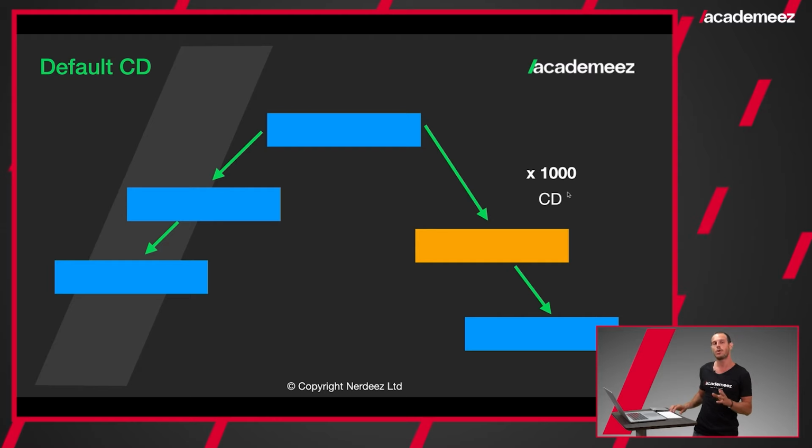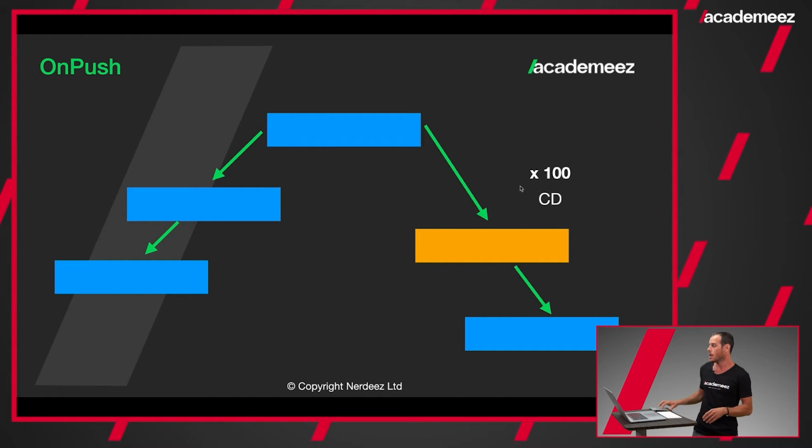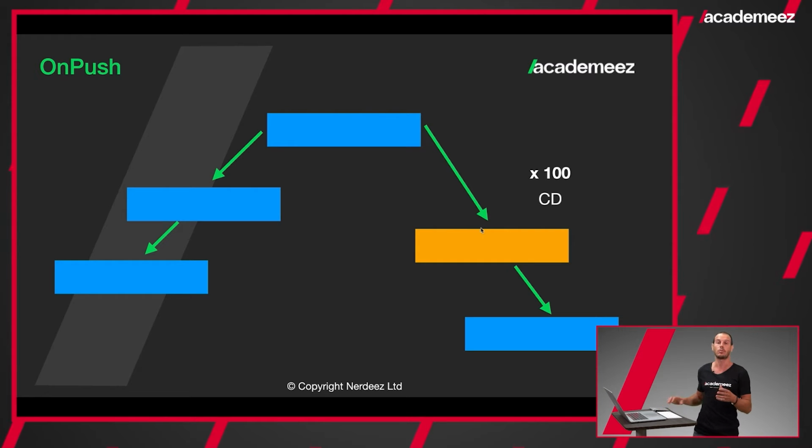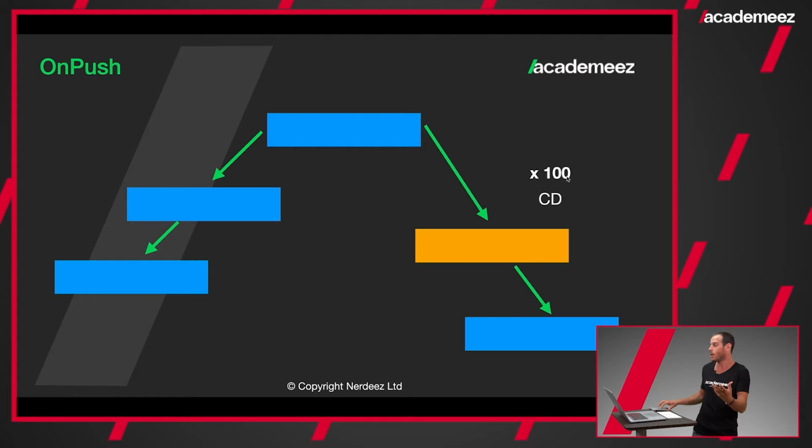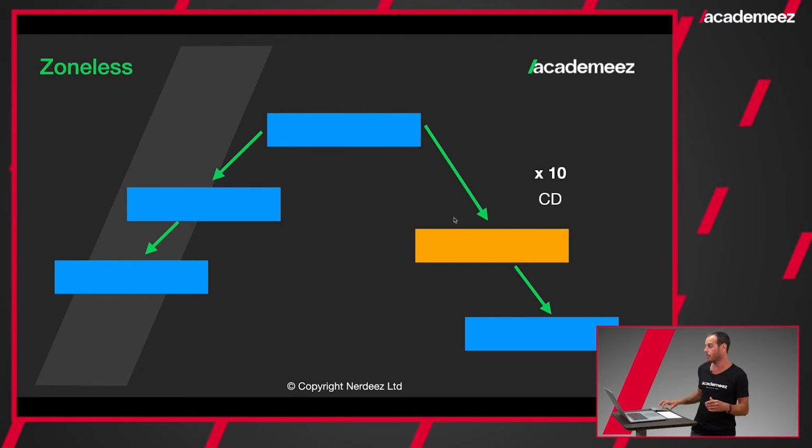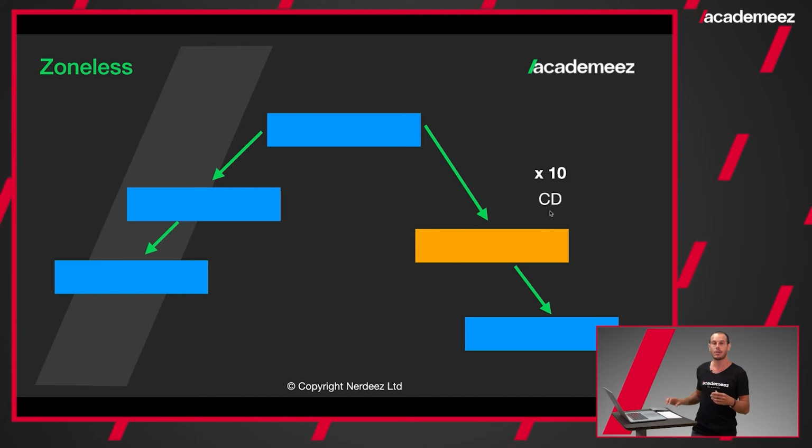If we have the same app with OnPush, and of course those are arbitrary numbers, that same component will probably have fewer change detection cycles, let's say 100. If this component is in zoneless mode, it might be triggered only 10 times. So the total change detection cycles on each component will be fewer if you work in zoneless mode.